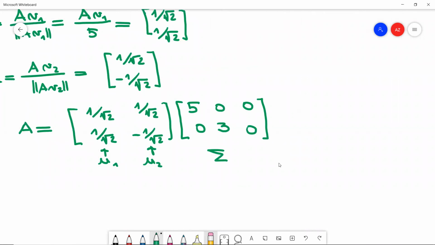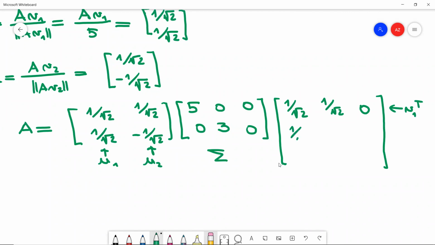V1 was 1 over square root of 2, 1 over square root of 2, and 0. So this is V1 transpose. And then the second one was 1 over square root of 18, minus 1 over square root of 18, and 4 over square root of 18.